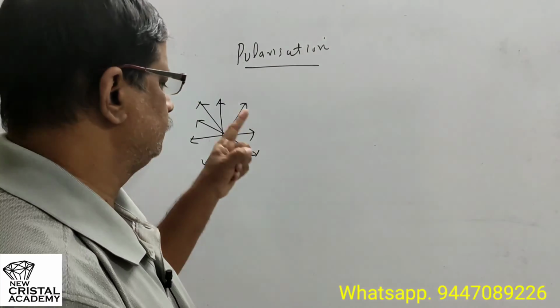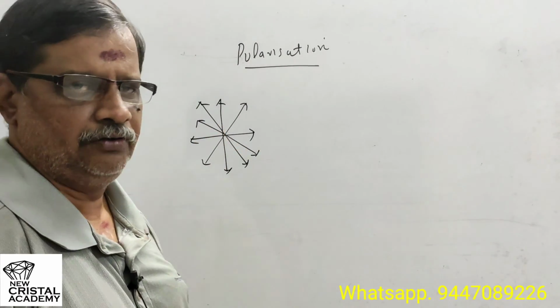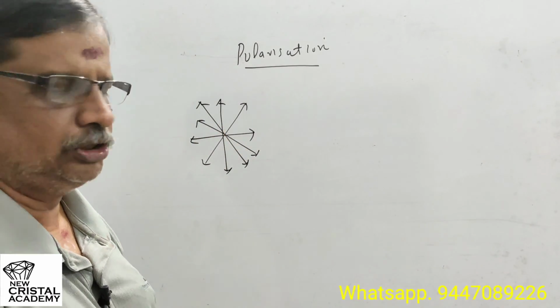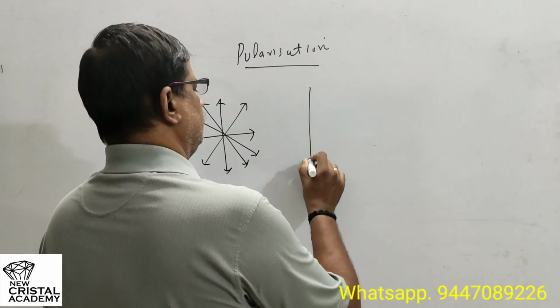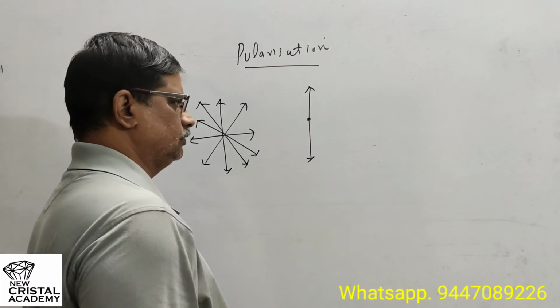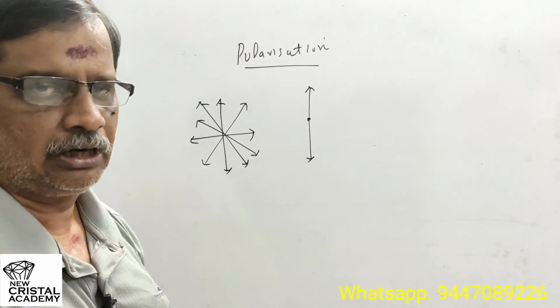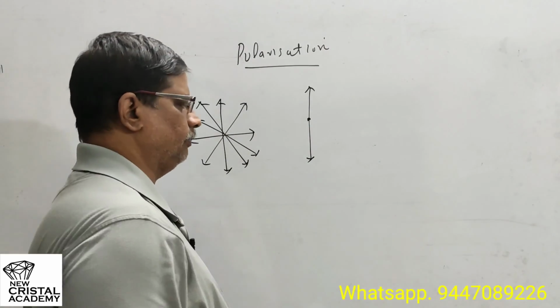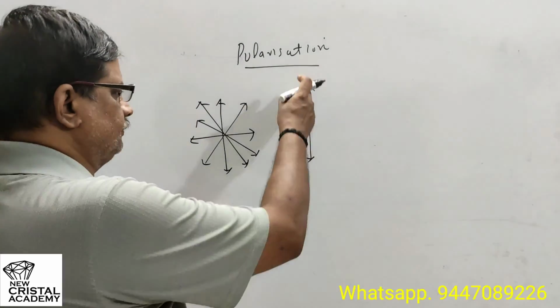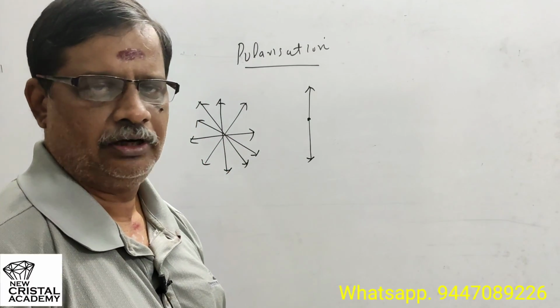So we can resolve all these vectors lying along different directions along two mutually perpendicular directions: one parallel to the surface of the board and the other perpendicular to the surface of the board. The dot shows those vectors which are lying perpendicular to the plane of the board.